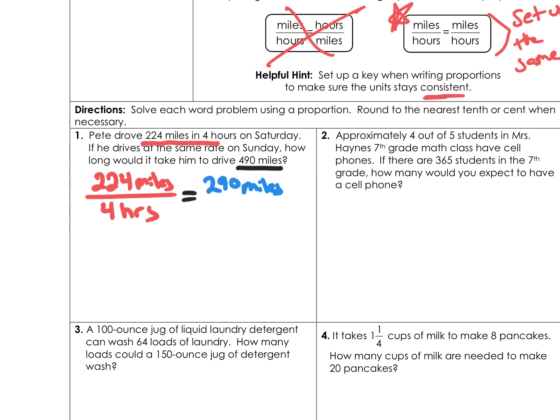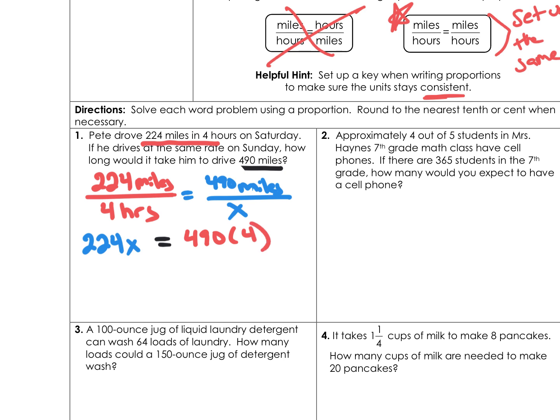490 miles, and we're going to compare that to x, because that's what we're trying to figure out, the number of hours. And now we're just going to do like we did before. So here it's going to be 224x, because that's our cross product, has to equal 490 times 4.